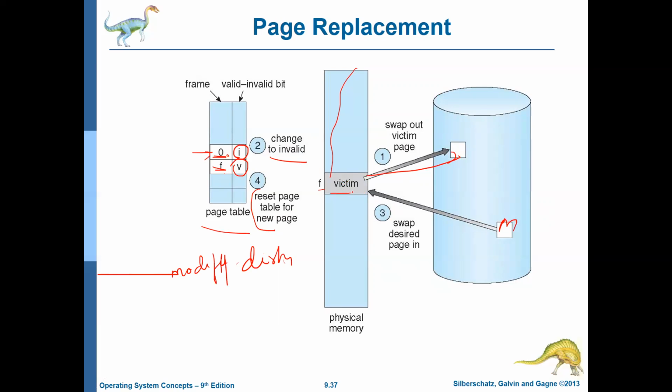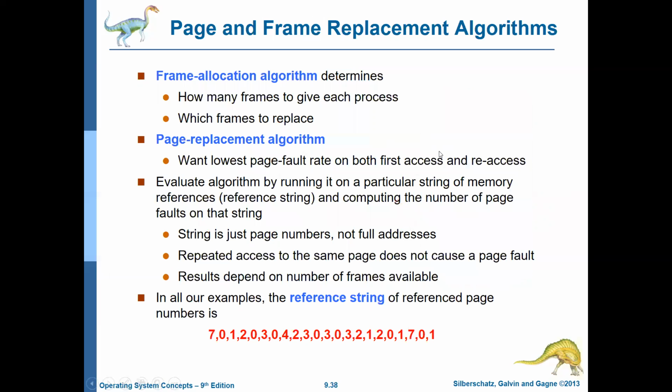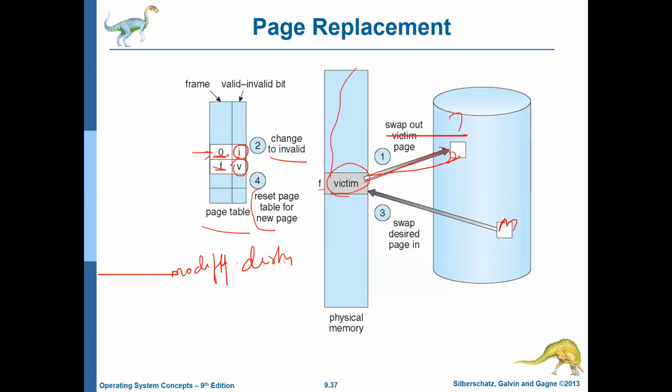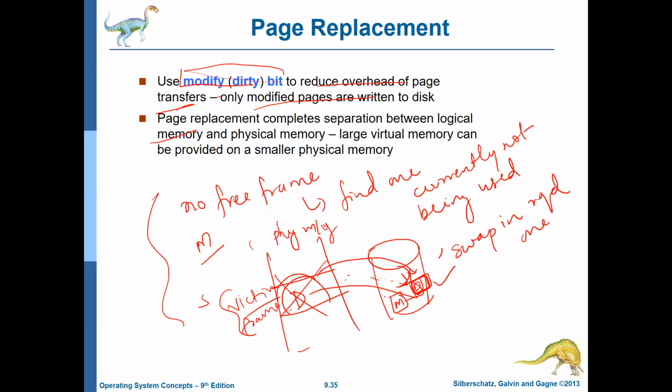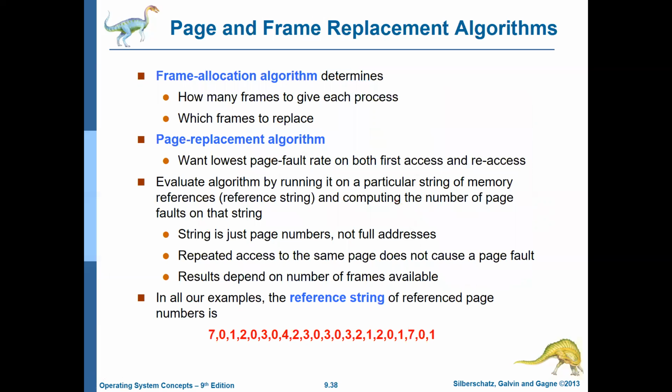This victim frame that we selected here, do we have to write it back to the secondary storage? If not, if that swapping out can be avoided, we can save the time. So this is the complete situation of how page replacement works. I hope it is clear.